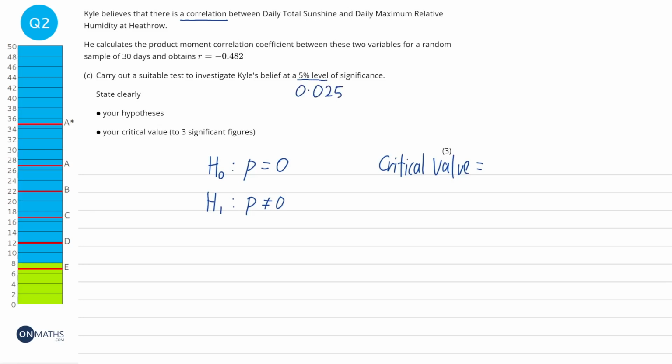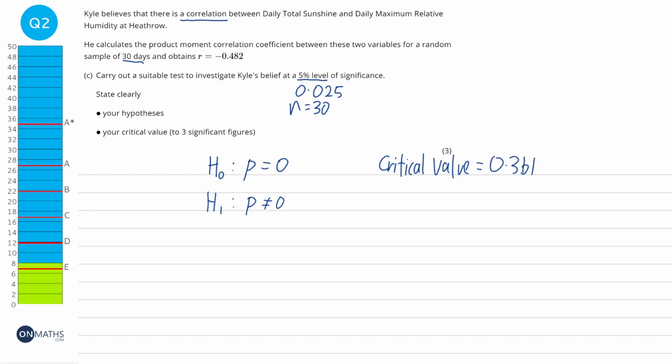And the sample size, the n, is going to be 30. And when we look that up, we find that the critical value is 0.3610. And we know that that's either positive or negative.